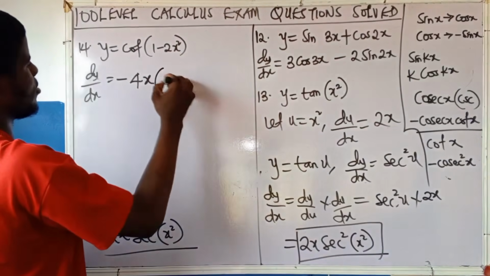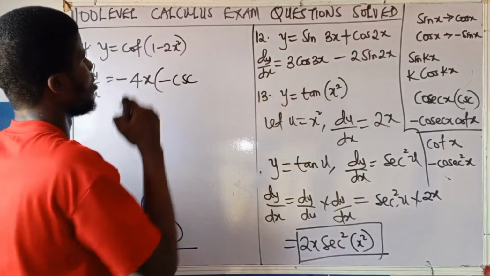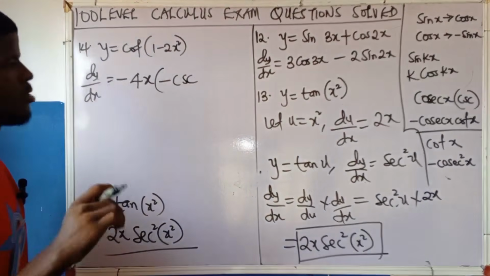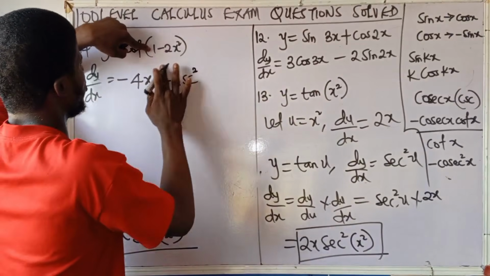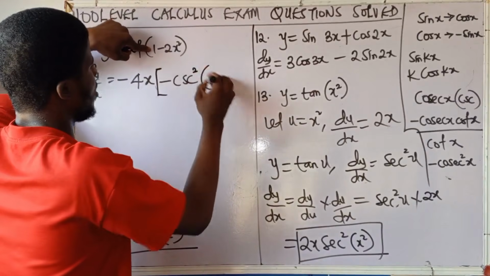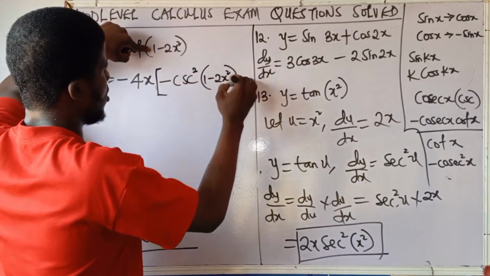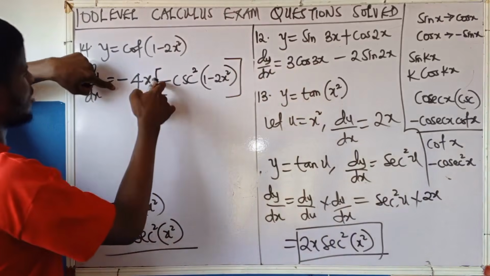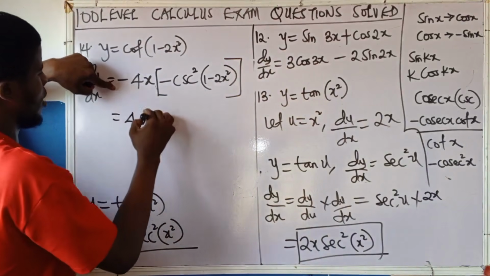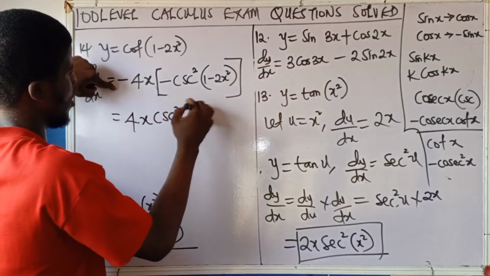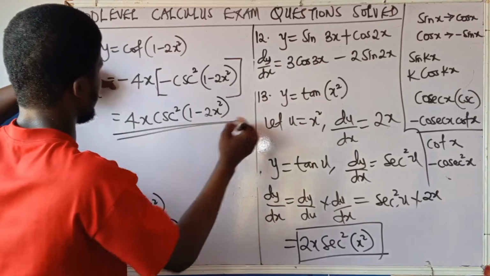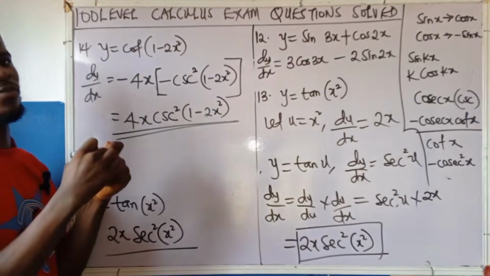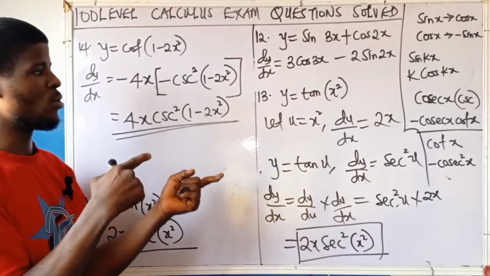So this is times minus cosec squared. This is how we write cosec, csc. Then rewrite this function again, 1 minus 2x squared. So minus times minus is a plus. We have 4x cosec squared (1 minus 2x squared). This is the dy/dx using the short form of the chain rule. This is it.